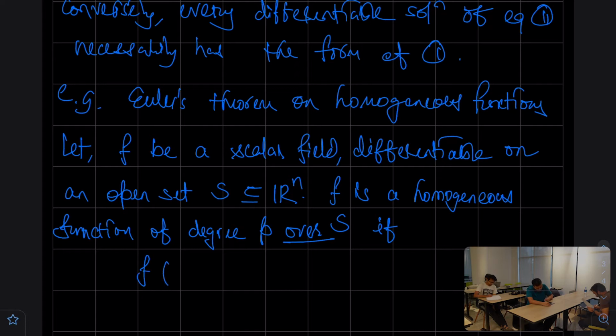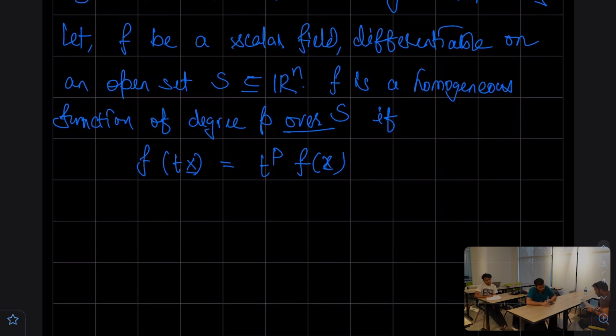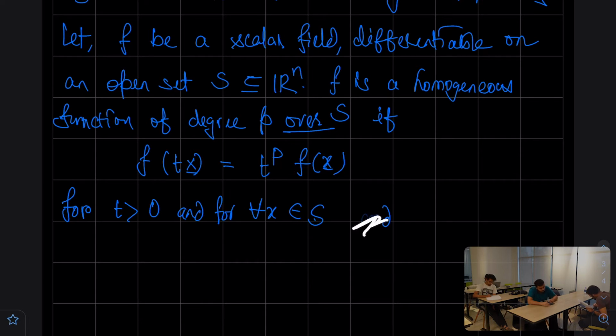Okay, if f of tx is equal to t to the power p times f of x, these are vectors, then this is called a homogeneous function, for t must be positive, and for any x which is in S, and tx also in S. So even though t is greater than 0, t cannot be something which takes you outside the region. tx must also be in the region. So t is something like an epsilon here.